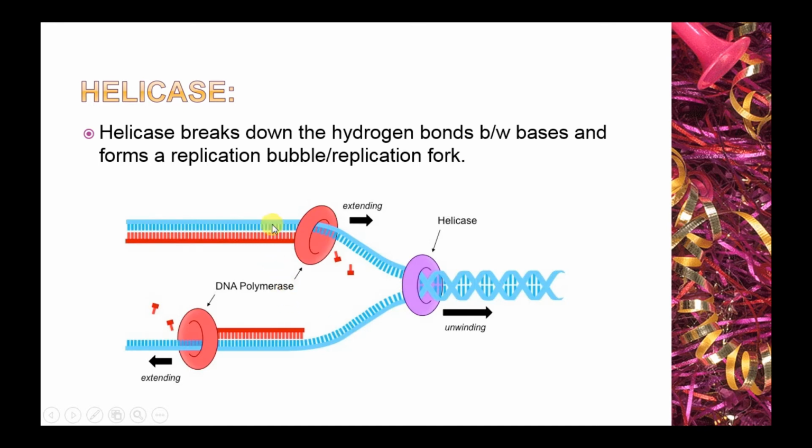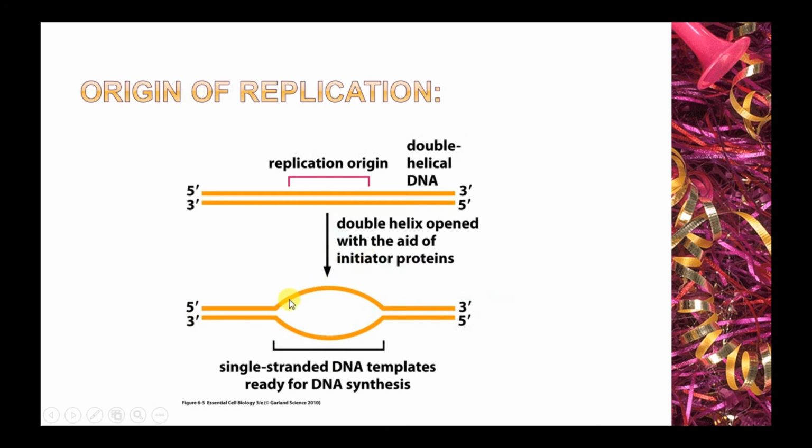Now after separation we will get a replication fork. You can see this is a Y-shaped structure. When the two parental strands are separated, they form a replication fork. This is a replication fork, or it is also called a replication bubble. You can see a bubble here. This is the replication bubble, and this point is called the replication fork.